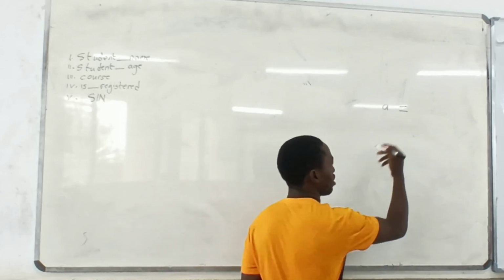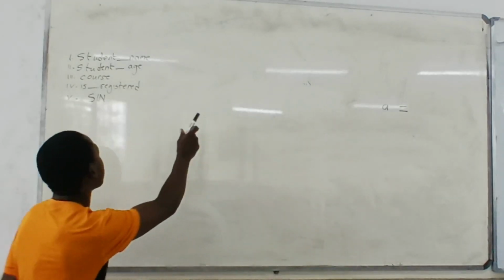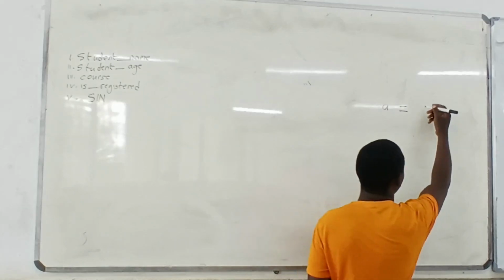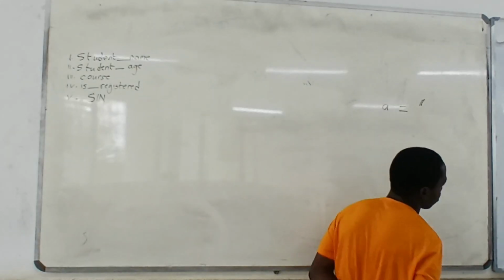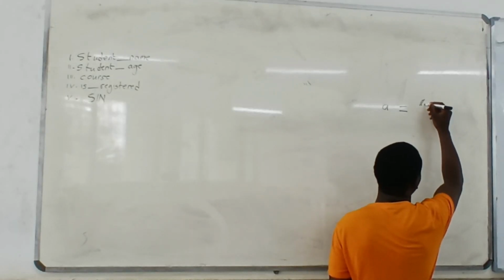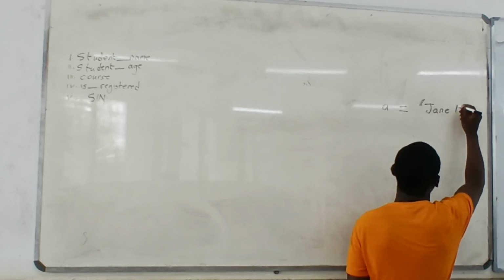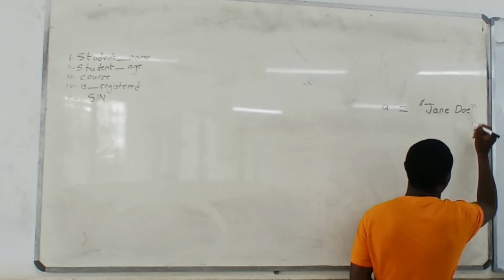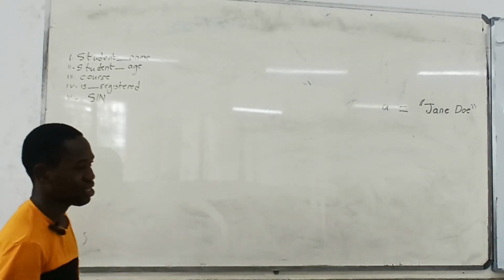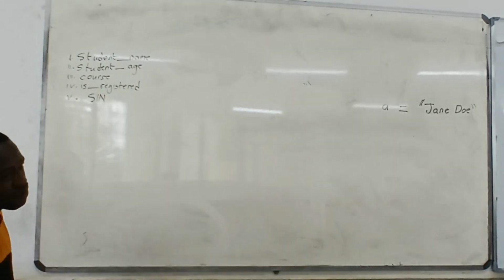So you say A is assigned, if you want to give it a name, in the same context of student name, like you want the name of the person, you add those quotation marks, then the name of the person. Like that. That's how you declare a variable of string data type.